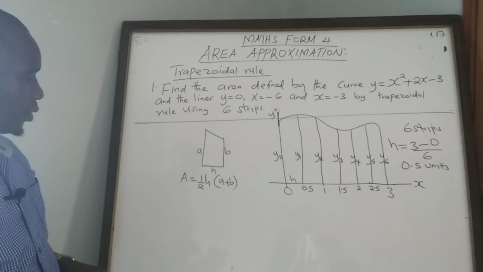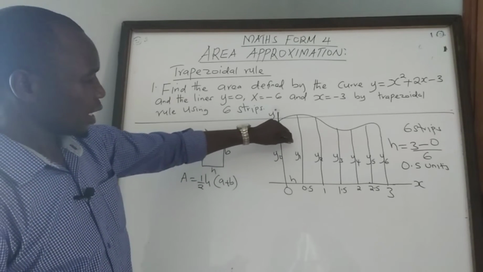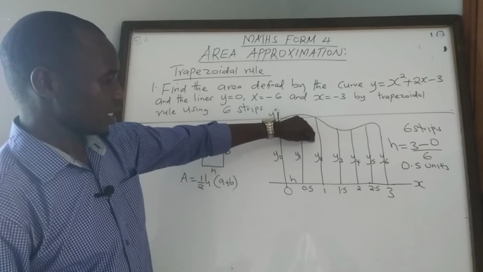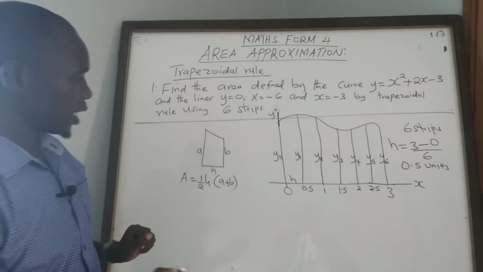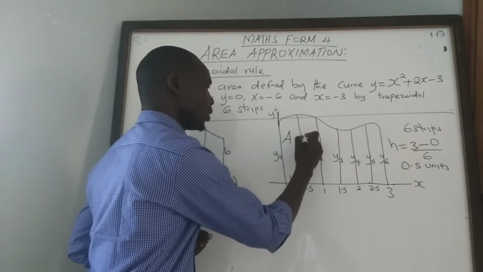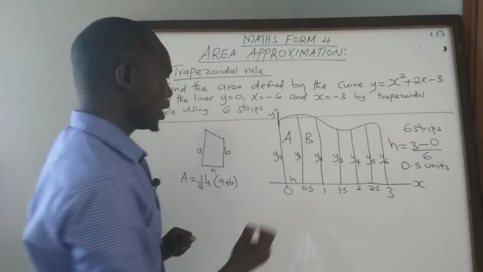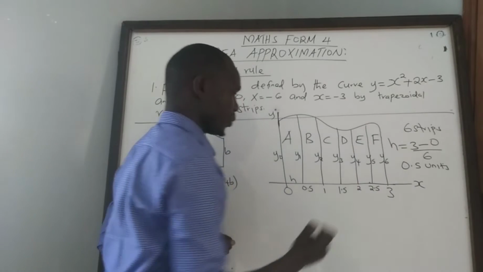From here, to find the area, we find the area of the first trapezium, then add the area of the second, the third, the fourth, the fifth, and the sixth respectively. If I give them letters, we have the first one as A, B, C, D, E, and F respectively.